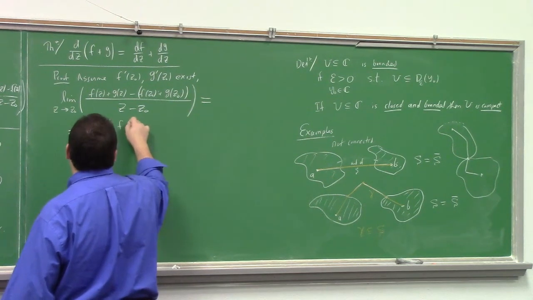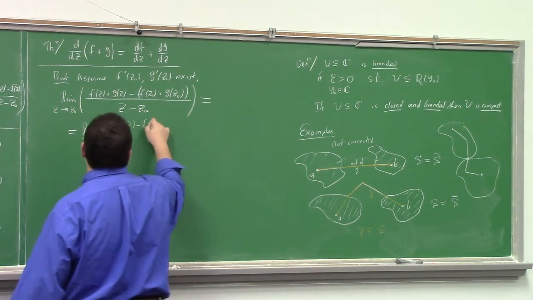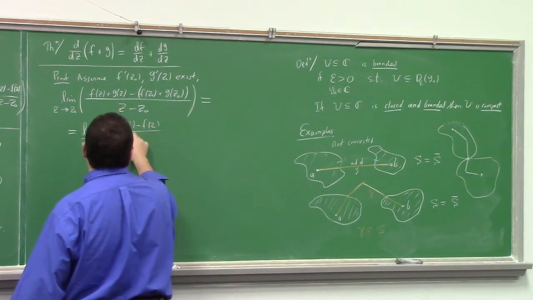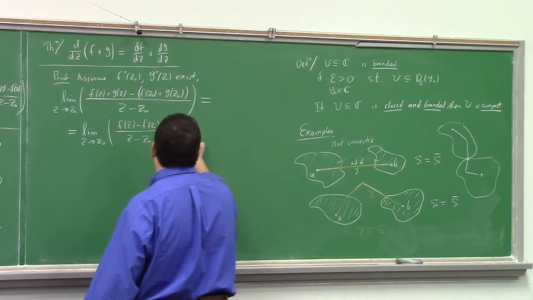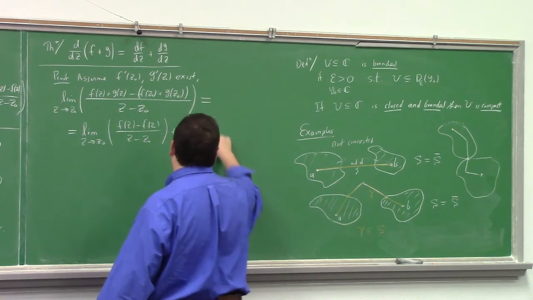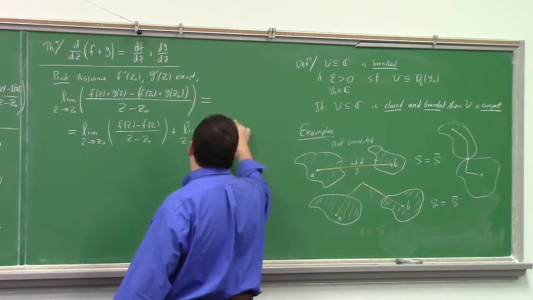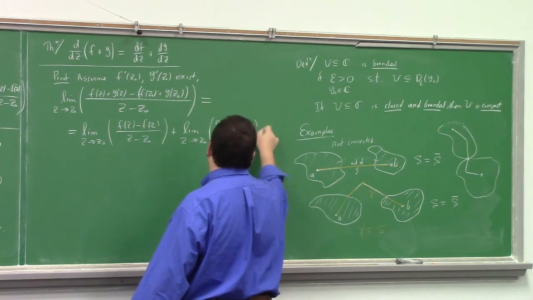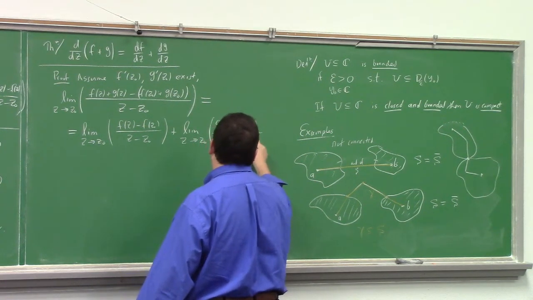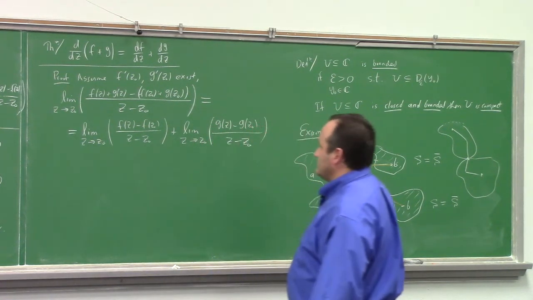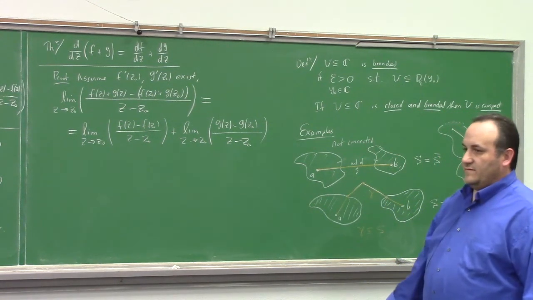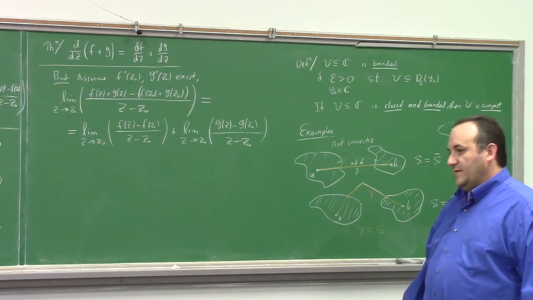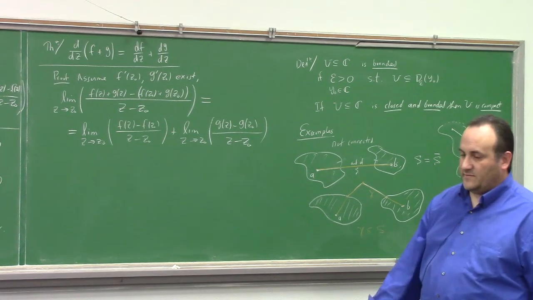So that gives you the limit of f of z minus f of z naught over z minus z naught, plus the limit as z goes to z naught of g of z minus g of z naught over z minus z naught. But those limits are given to exist because we assume f is differentiable at z naught and g is differentiable at z naught.